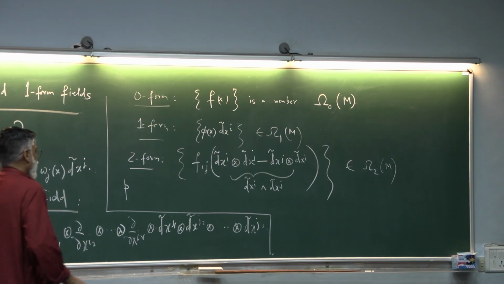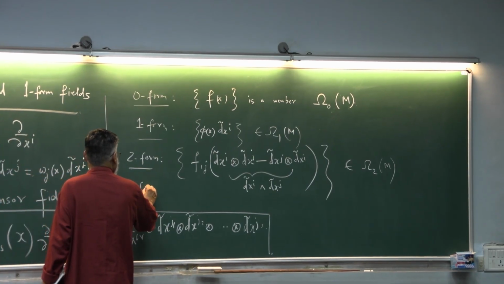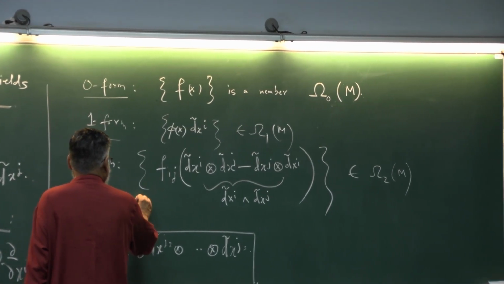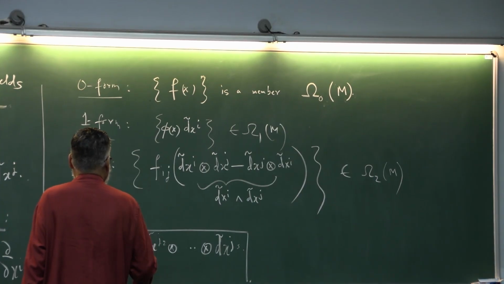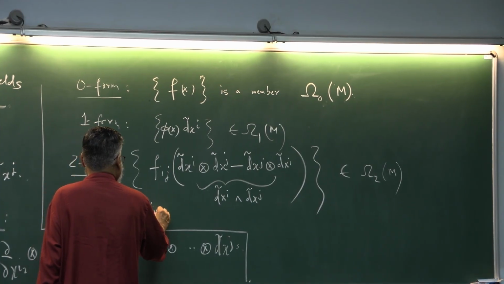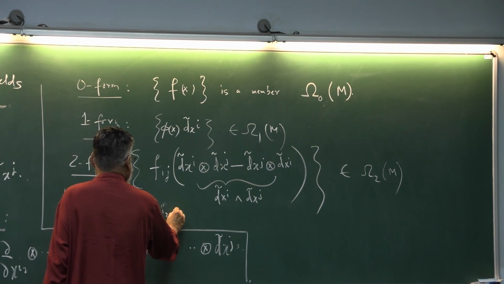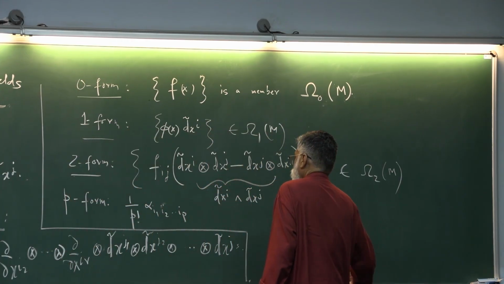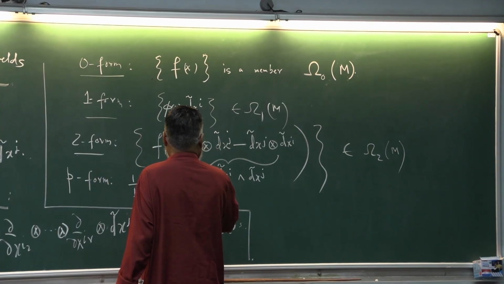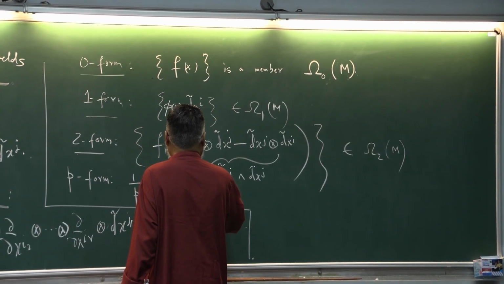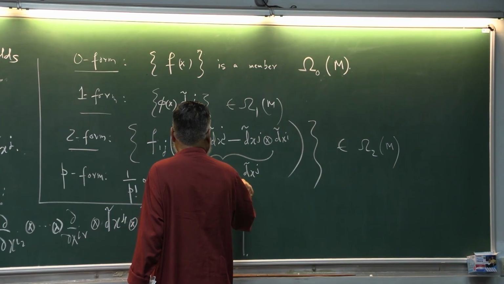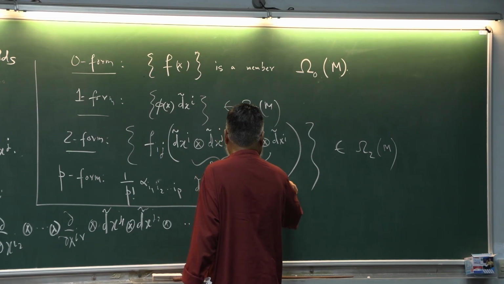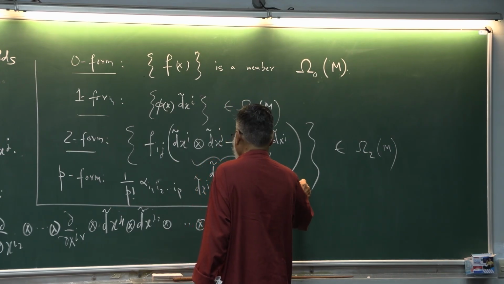And an arbitrary p form can be expressed as, the class of all objects of the form 1 over p factorial alpha I1 I2 up to IP dx I1 wedge dx I2 wedge up to dx IP.